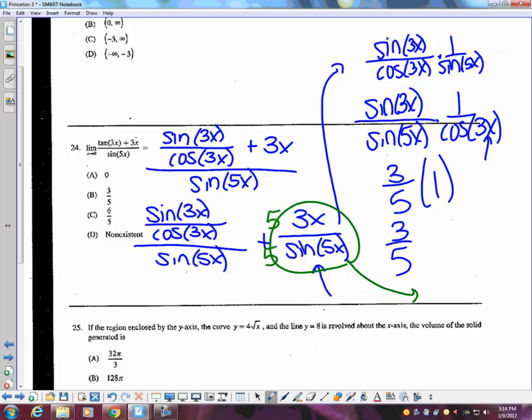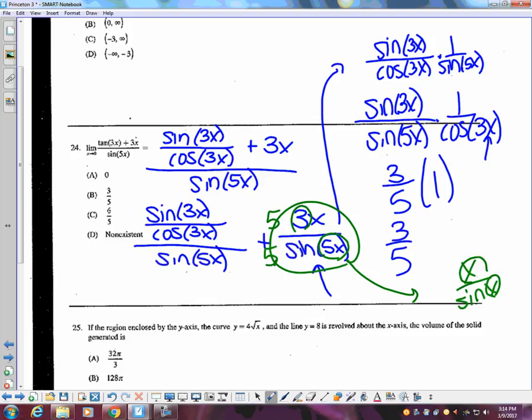Oh, but we did this. So watch. I'm looking for this because that's on my formula sheet. I need this guy and this guy to be the same. I can't change my of. He's locked in. So I want a 5 right there. So I'm going to multiply by 5 over 5. He's extra. He's chilling.